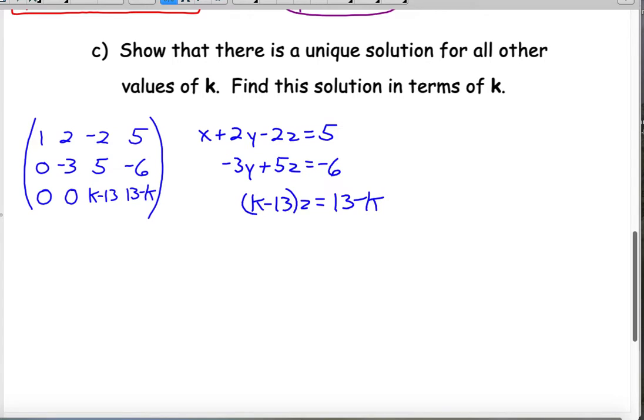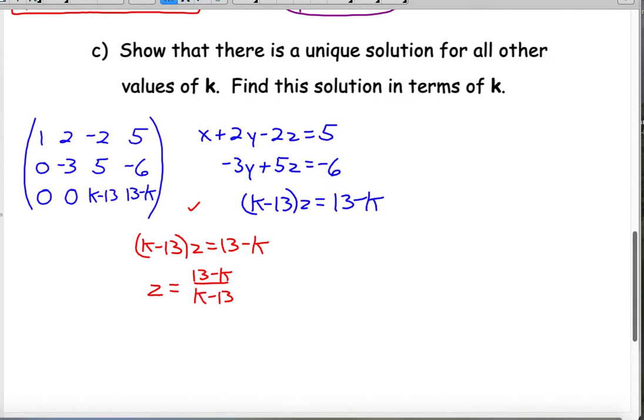So this is an upper triangular form, so we can use back substitution. Let's start with the last equation. I have k minus 13 times z equals 13 minus k. If I divide both sides by k minus 13, I'm going to get z equals 13 minus k over k minus 13.